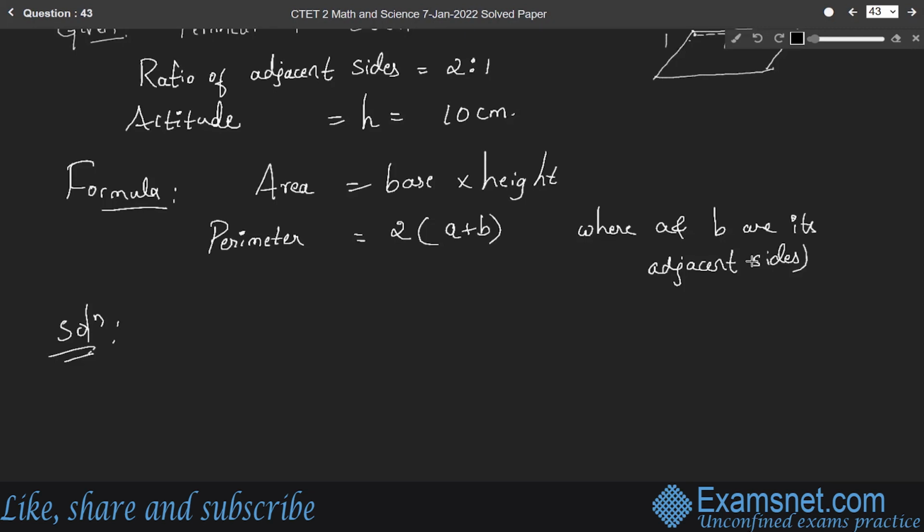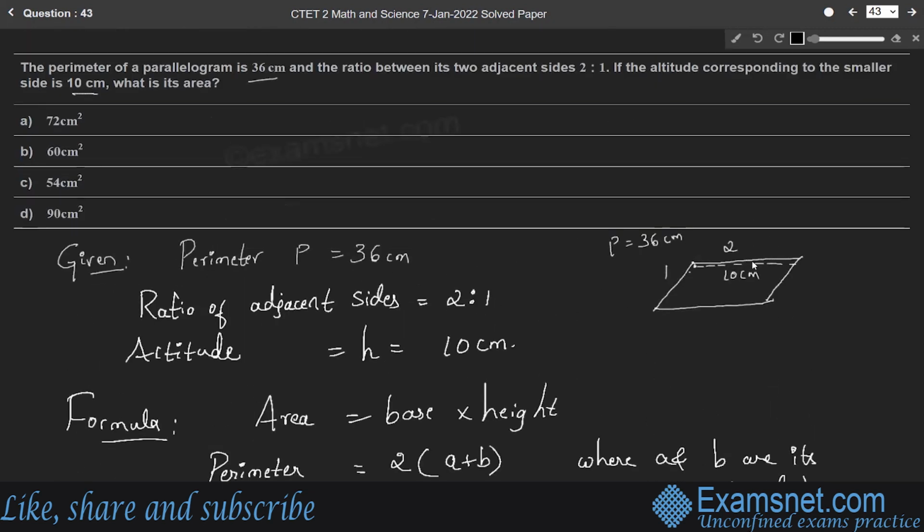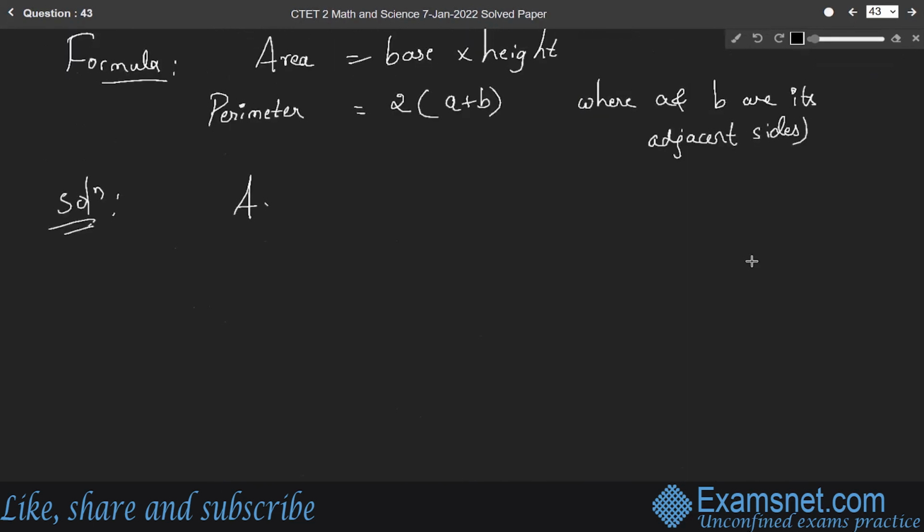So solution here, since the adjacent sides are in the ratio 2:1, therefore adjacent sides ratio is equal to 2:1. Therefore, the sides are A is equal to 2x, B is equal to x.